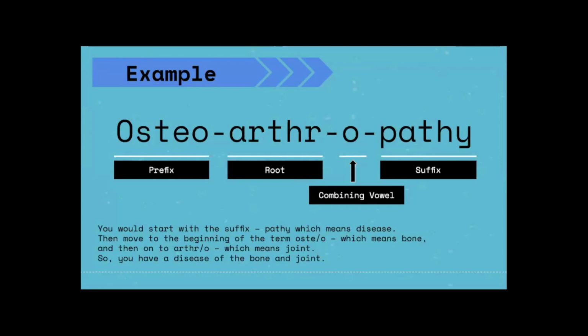It means disease. So when we look at this word, we go to the suffix, we go to the end. So the disease, pathy, the disease, then we go to the prefix of the bones and joint, arthro. So that's how we read these terms. And it's very important that you do that. Otherwise, you're going to read bone, joint, O, and then disease, and that won't make sense.